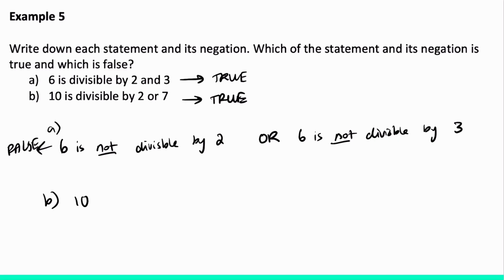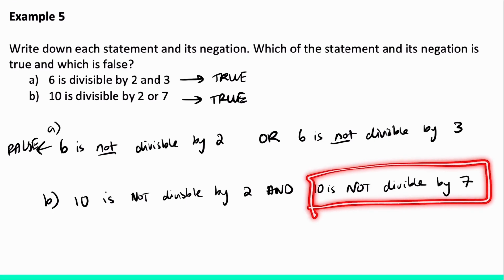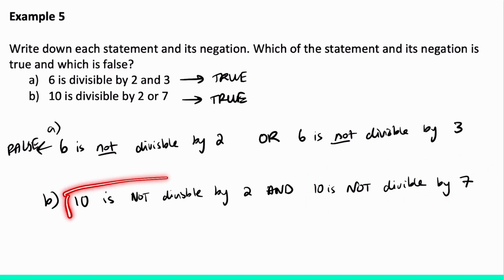It would sound like 10 is not divisible by 2 and 10 is not divisible by 7. So this section, 10 is not divisible by 7, is true, but this part is false.